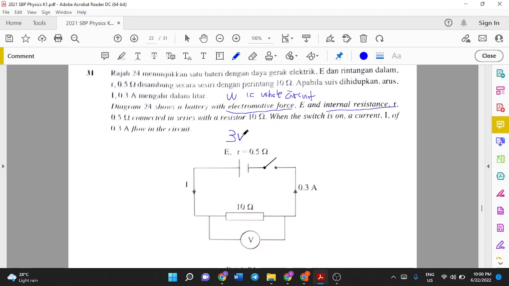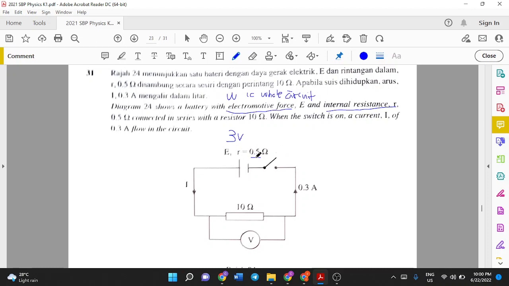Okay, so this is our electromotive force, and when the charge starts to flow in the whole circuit, there will be an internal resistance, because there will be a resistance against the moving charge because of the electrolyte.